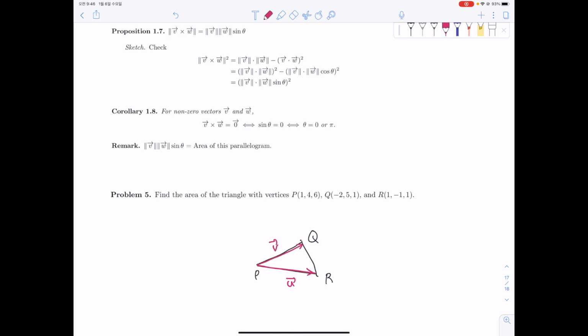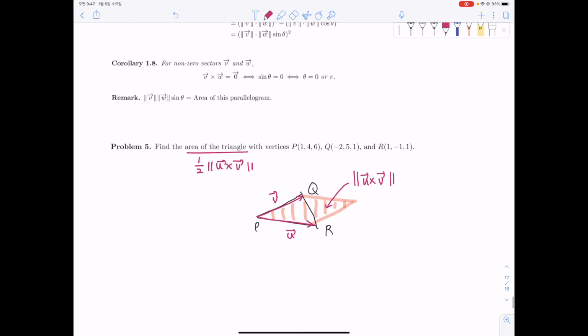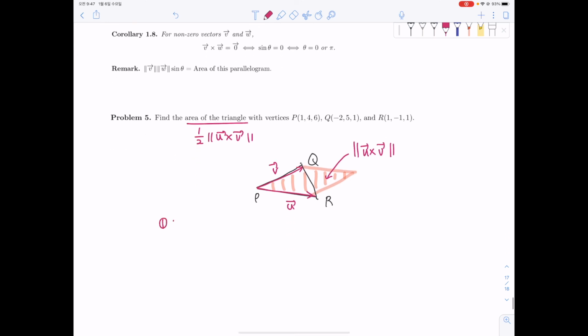And if you have these two vectors, then the area of the parallelogram is given by the length of the cross product vector. So if you find the area of the triangle, then it is 1/2 of this cross product, right?